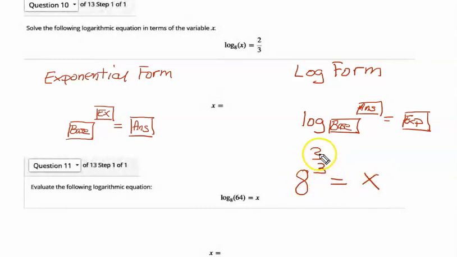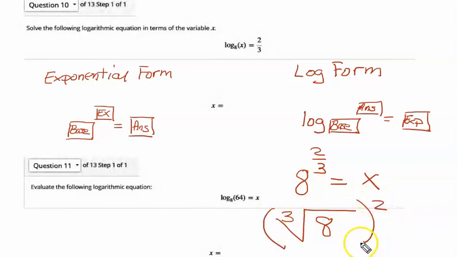So again, converting this exponential fraction to its radical form, we get the third root of 8, but now that to the second power. So third root of 8 is 2, 2 squared is 4. So our answer here is 4. Keep in mind that this was negative in the previous example. That's why we got the 1/4, but here this is in the numerator, this is 4.